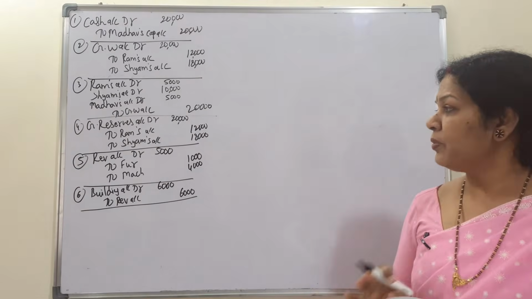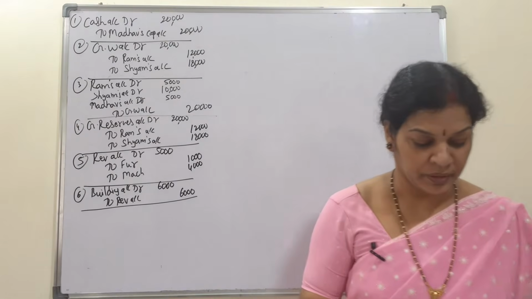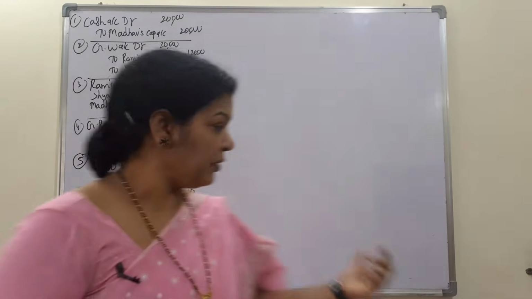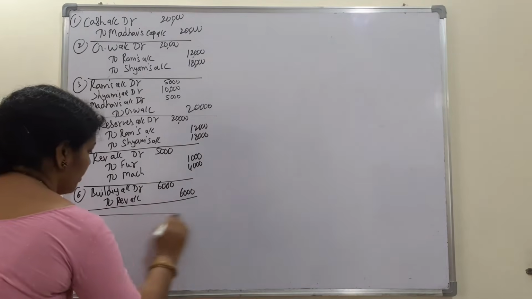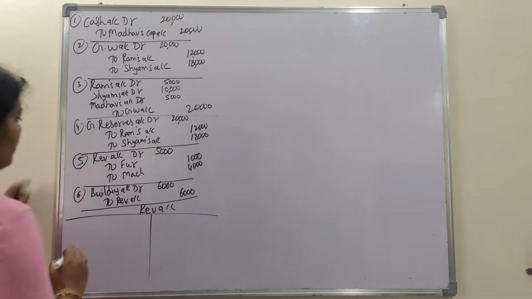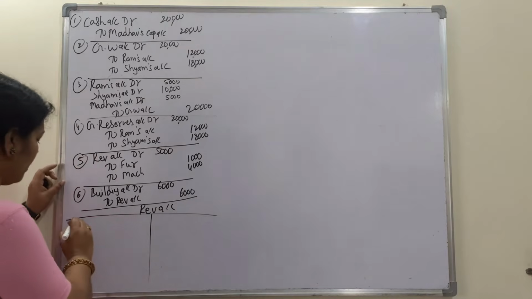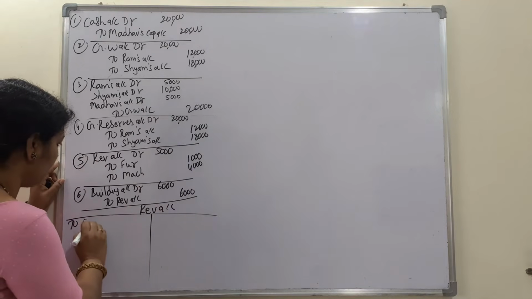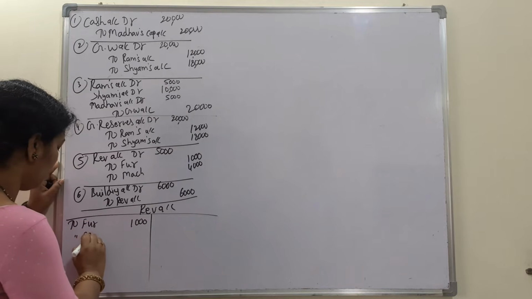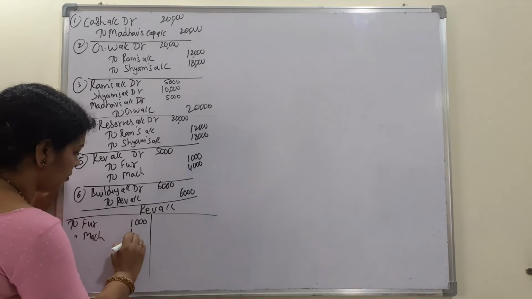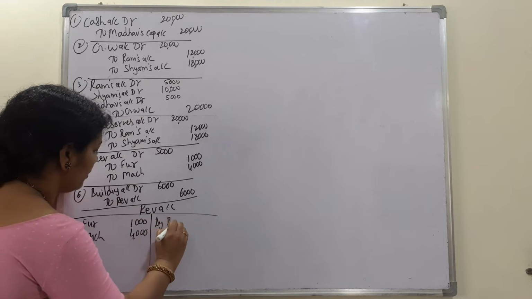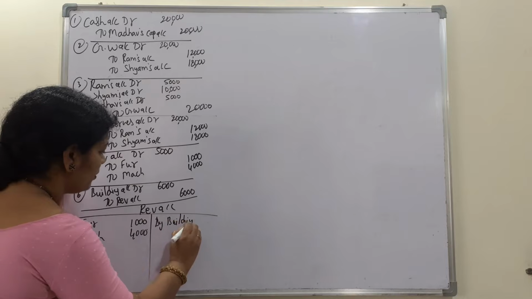Next, what we'll do first, revaluation account will prepare. I'll prepare here only, we have enough space. Revaluation account, debit side items we have furniture 1,000, machinery 4,000, and building 6,000.